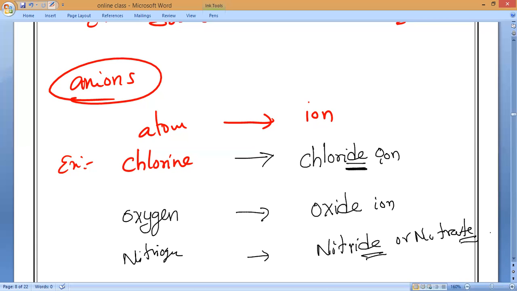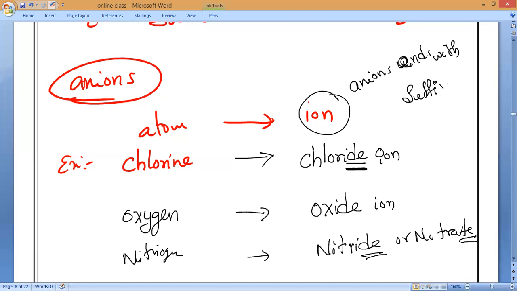So in anions, when we are writing the ion name, we must add a suffix. What is the suffix we are adding here?